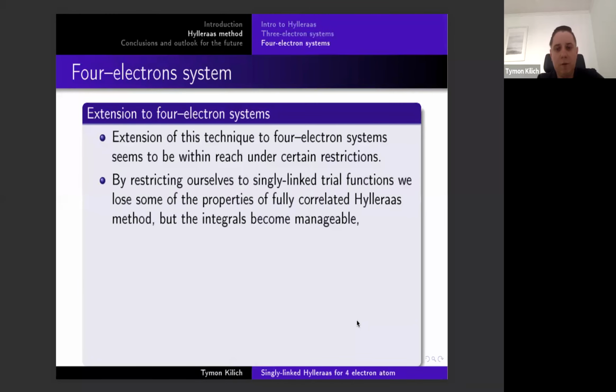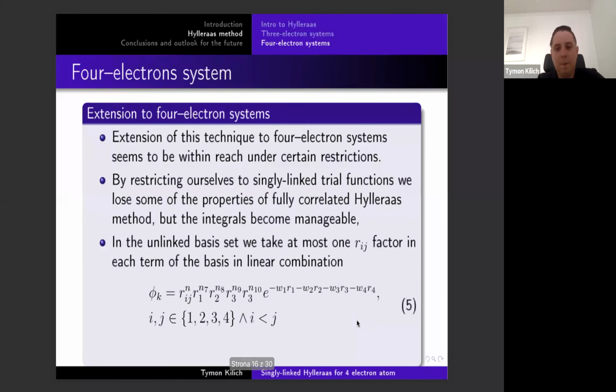So if we restrict the trial functions, the basis functions, to the singly linked type, namely if we take at most one Rij factor in each term of the basis linear combination, we arrive at a basis that looks more or less like this. At most one Rij with odd power.